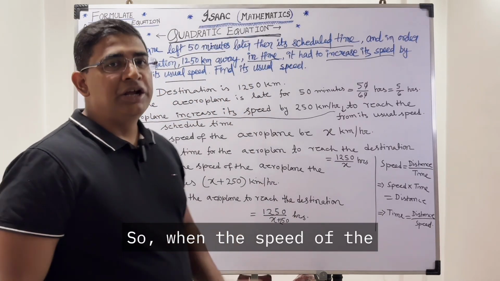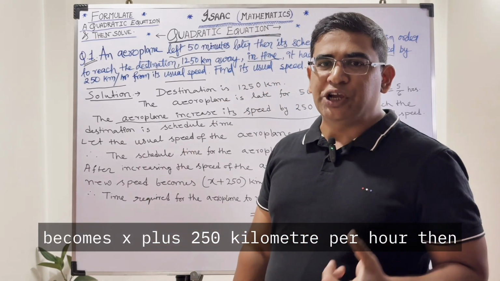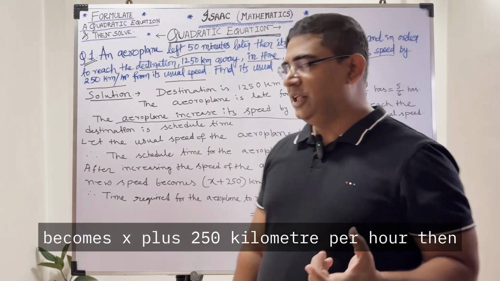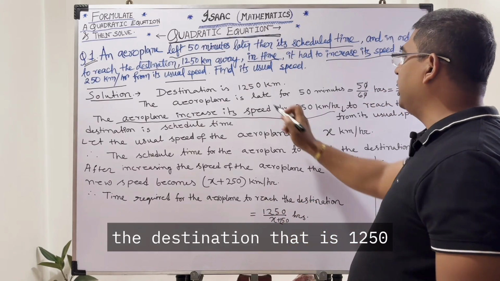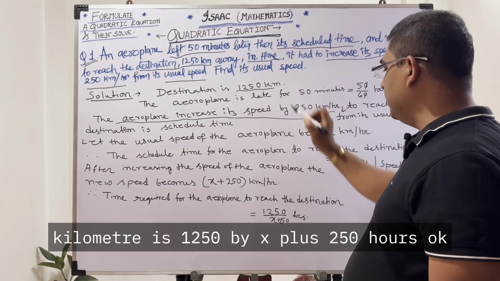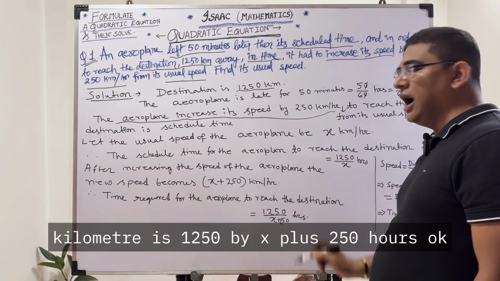So when the speed of the aeroplane becomes x plus 250 kilometer per hour, then the time required for the aeroplane to reach the destination, that is 1250 kilometer, is 1250 by x plus 250 hours.